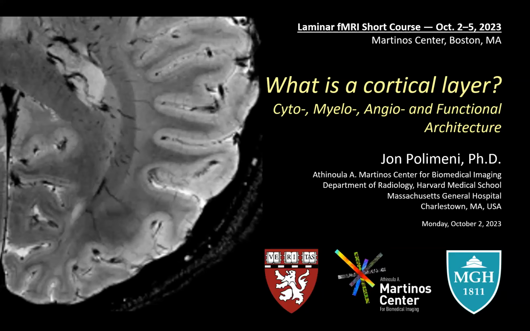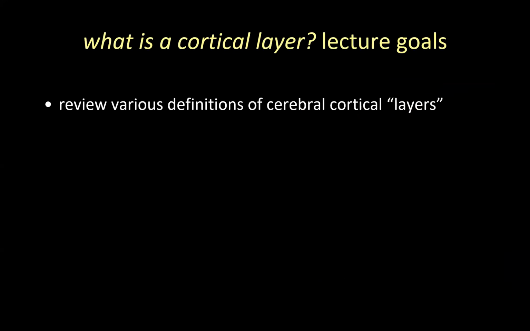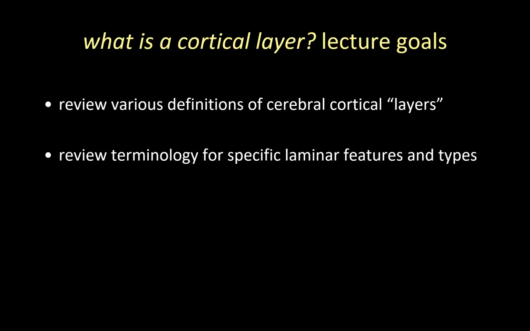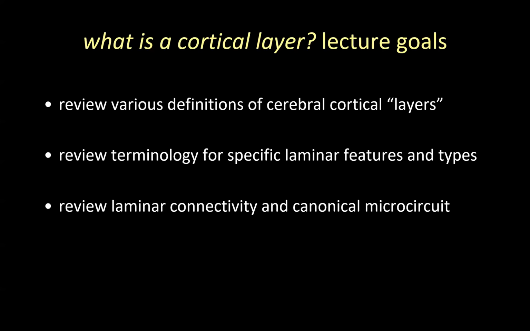Okay, so this next lecture is going to be kind of simple. We're going to look at what is a cortical layer. The goals of this lecture will be just to review various definitions of what we mean by cerebral cortical layers, and also review some terminology for specific laminar features and types, to help make sure that you can navigate this literature.